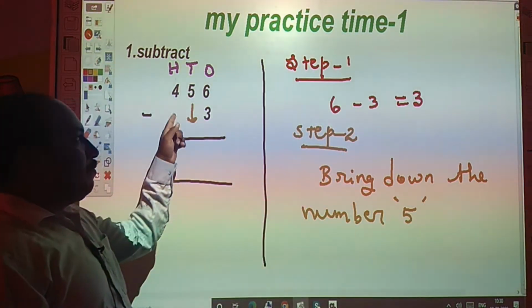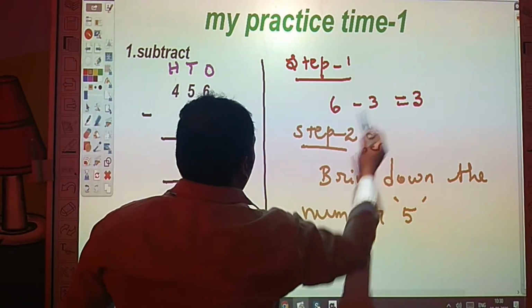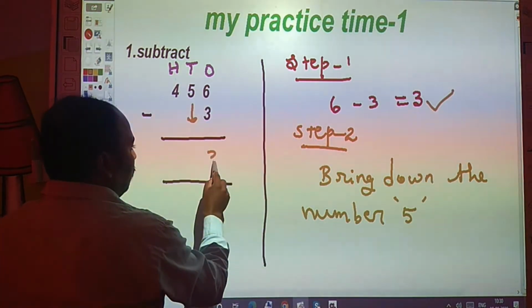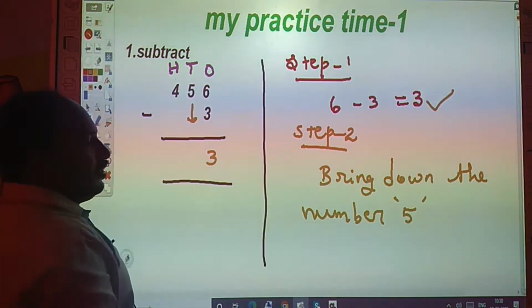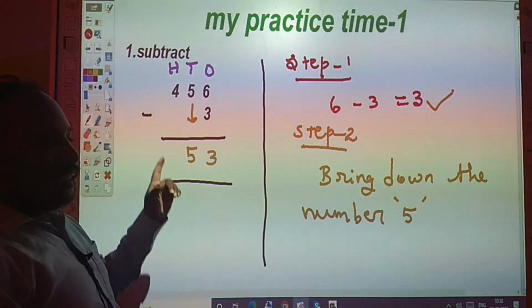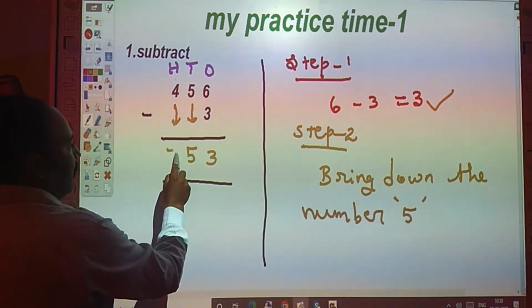Write 3 in the ones place, then bring down the number 5 and write it in the tens place. The next, 400, that's also written in the hundreds place.